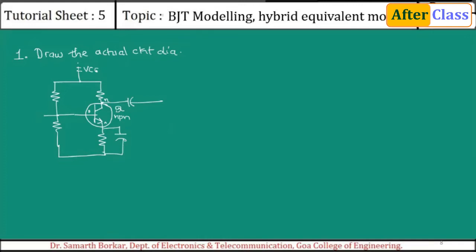That's it. Now, let me complete this structure first. Due to the constraint of time, I won't be able to complete the derivation today also. So we'll take a little extra time on this concept so that you understand it properly once and for all.